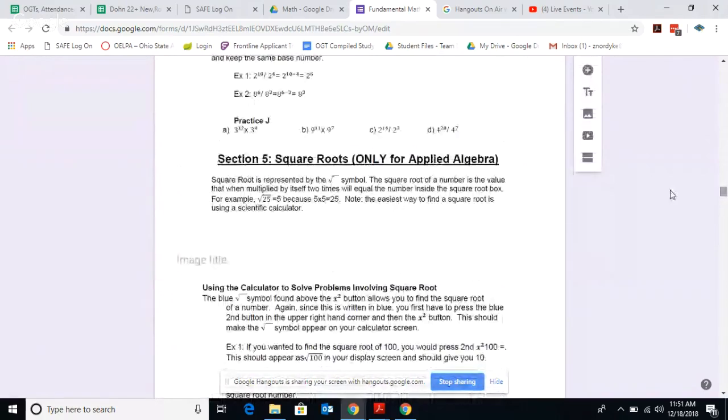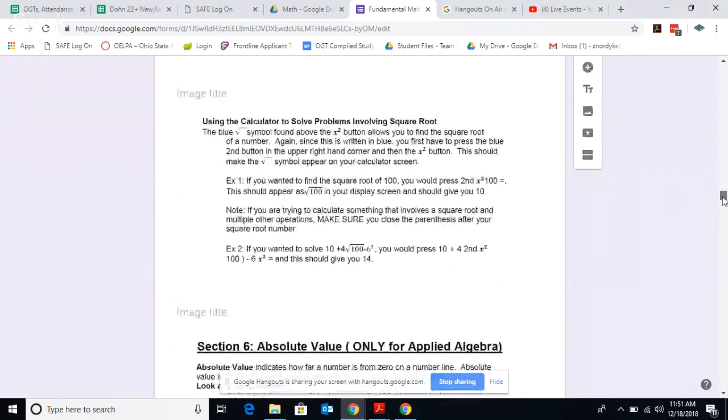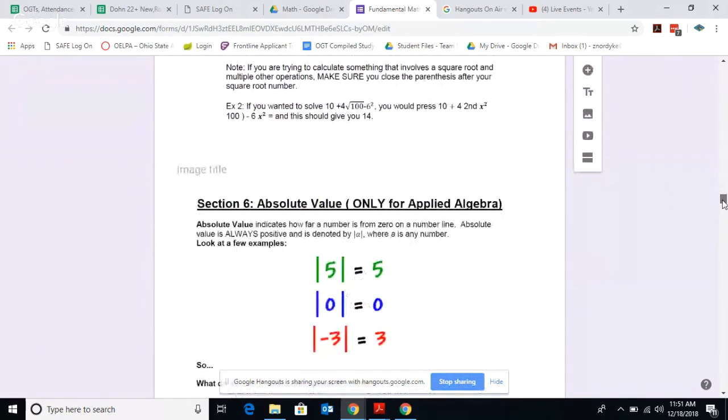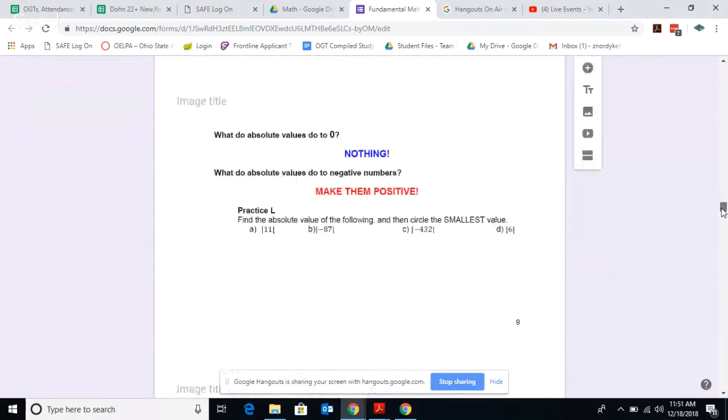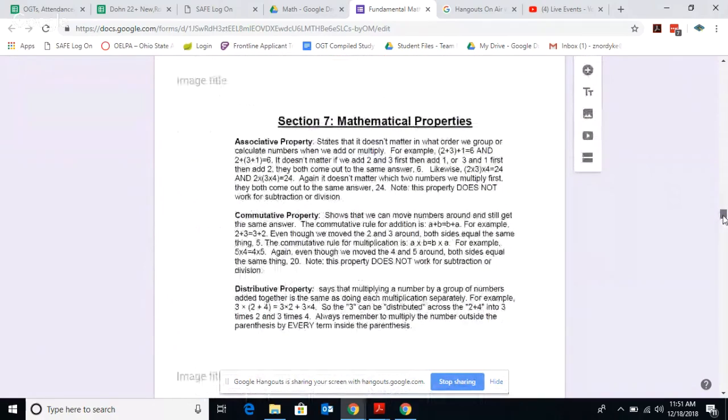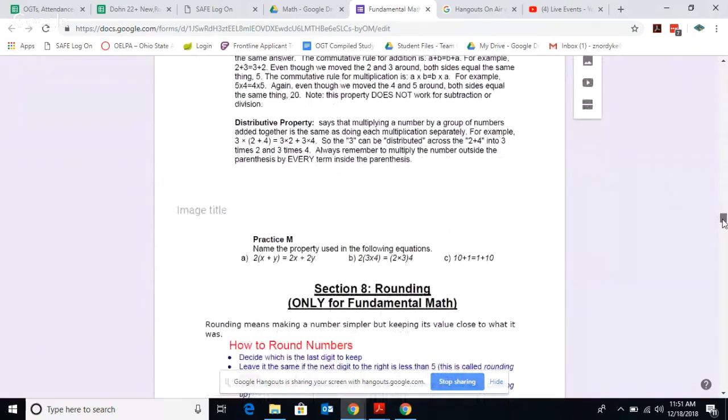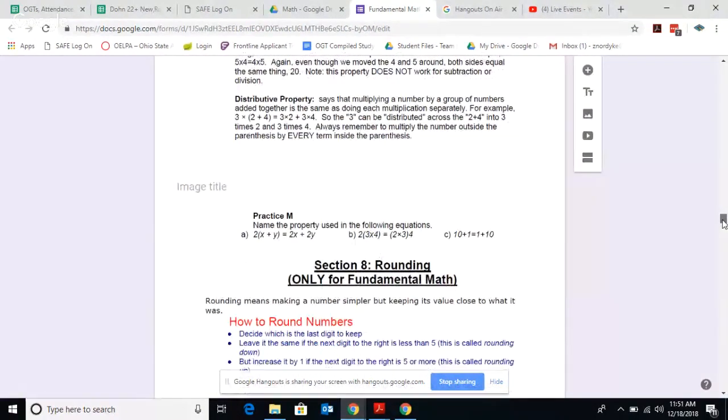But if you look at section 5, square roots, only for applied algebra. But if we go through even further, section 6, absolute value, only for applied algebra. Section 7, mathematical properties. That's a crossover standpoint. Section 8, rounding, only for fundamental math.